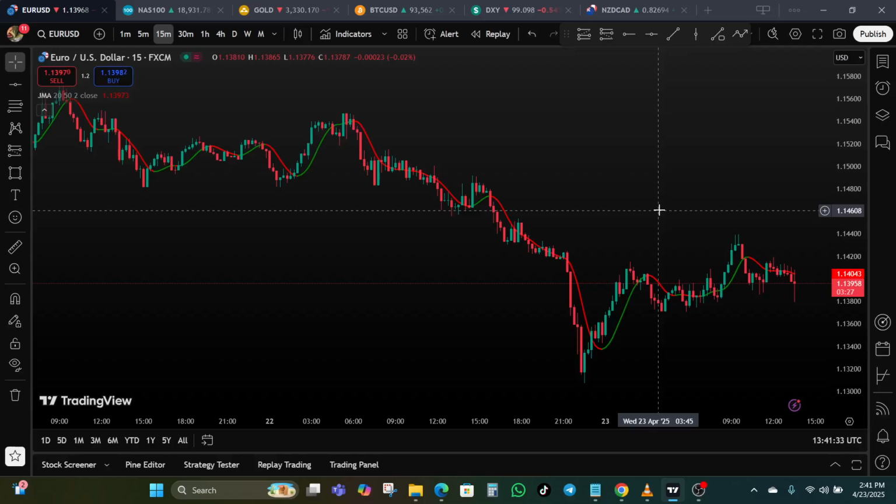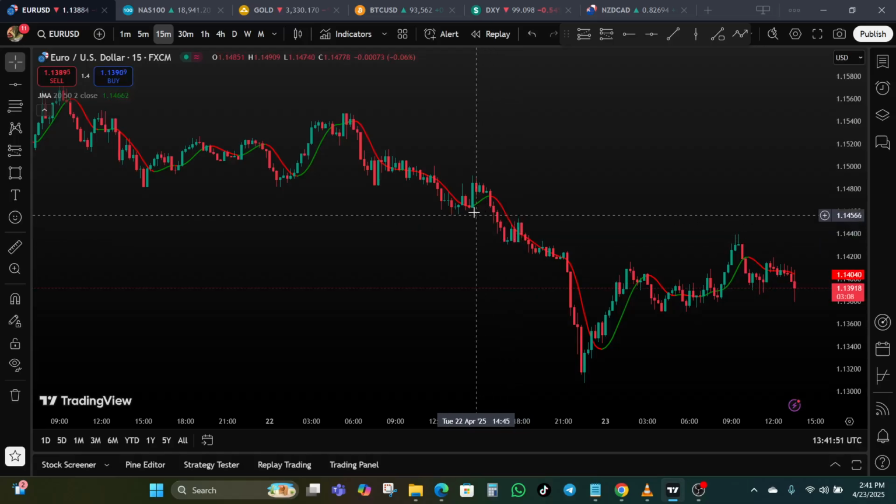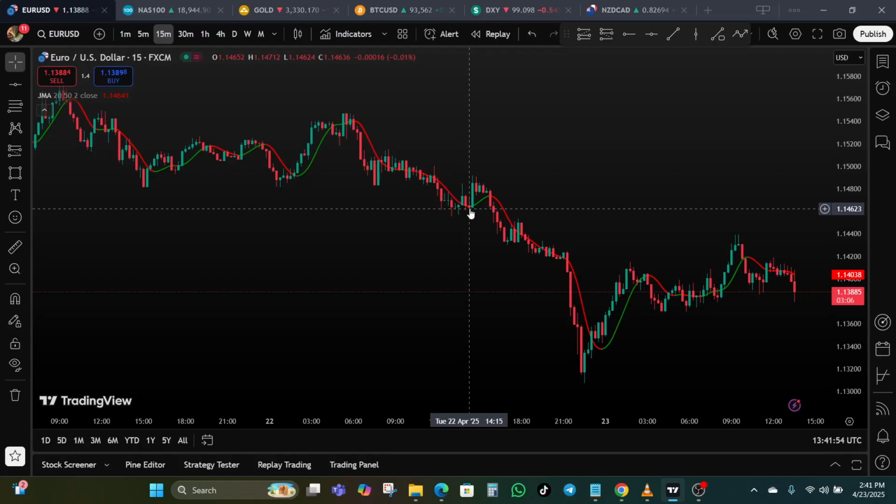So how does it work? The Jurik Moving Average uses a formula that applies a dynamic weighting scheme. It smooths the data differently than traditional moving averages. As a result, you get smoother curves with fewer whipsaws, meaning fewer false signals and a clearer view of market trends.